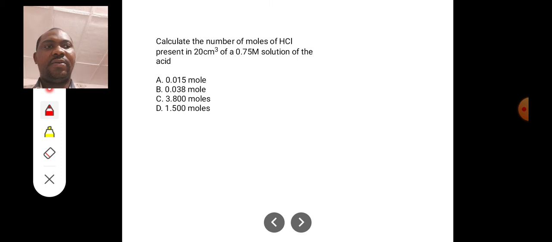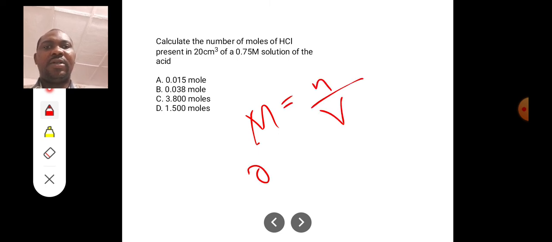We now have another question. It says calculate the number of moles of HCl present in 20 cm³ of a 0.75 solution of an acid. This is quite easy because the molar concentration is equal to number of moles over volume. Molar concentration here is 0.75, equal to number of moles, which is what we're looking for, over volume.